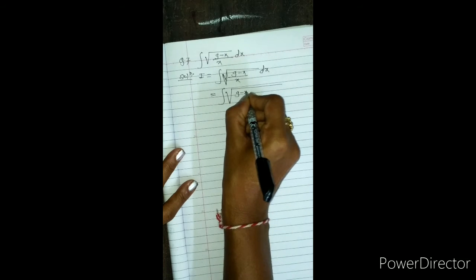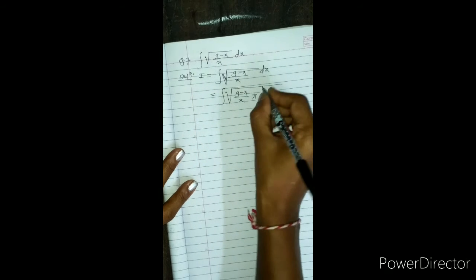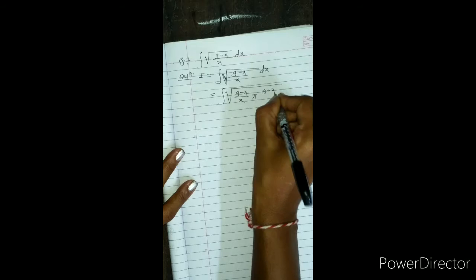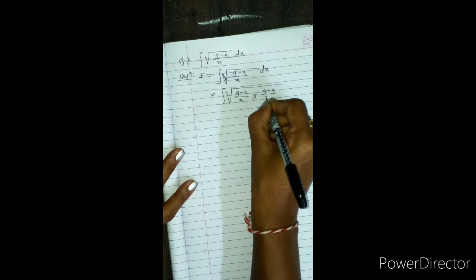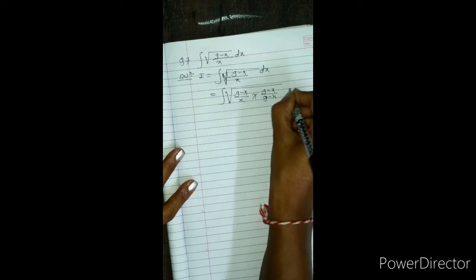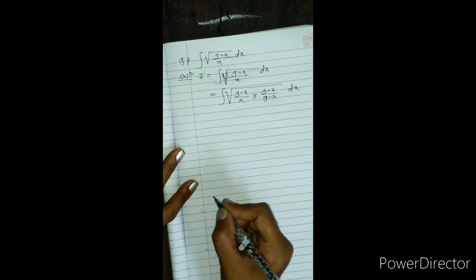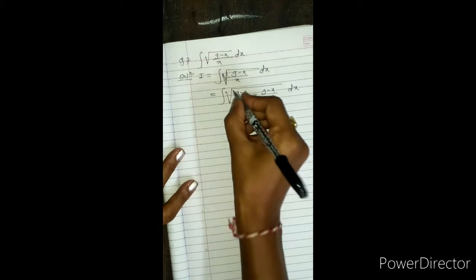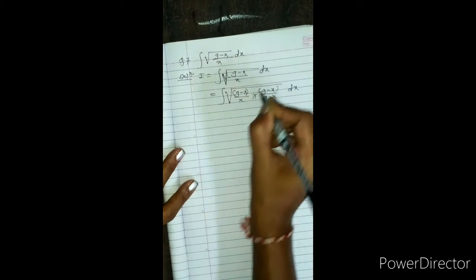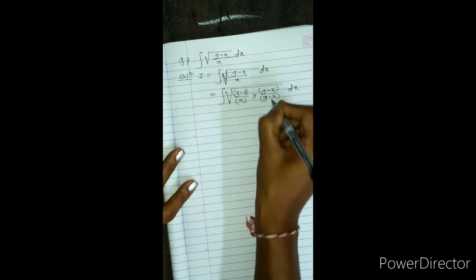So for the same expression we can take multiplication and division of the numerator, so that we can make it free from the square root sign. So this is 9 minus x multiplied with 9 minus x.